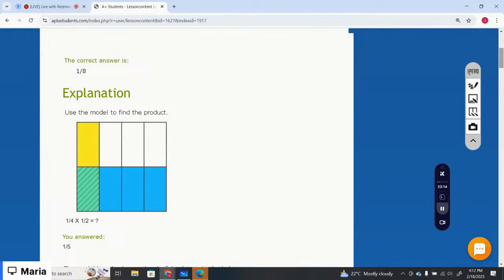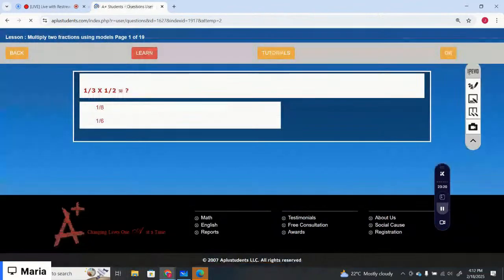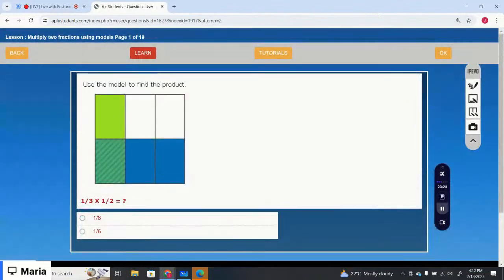Let's just start with the test questions. 1 by 2. So which is the correct option?